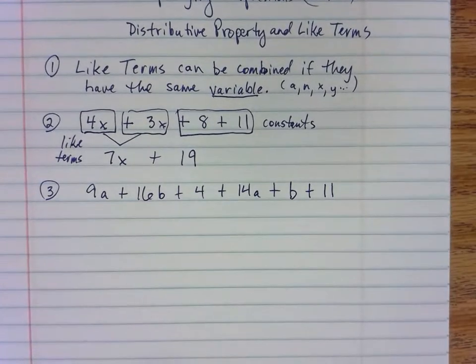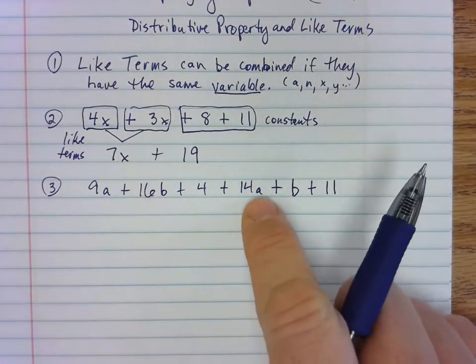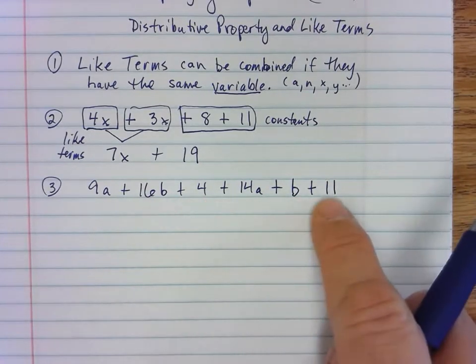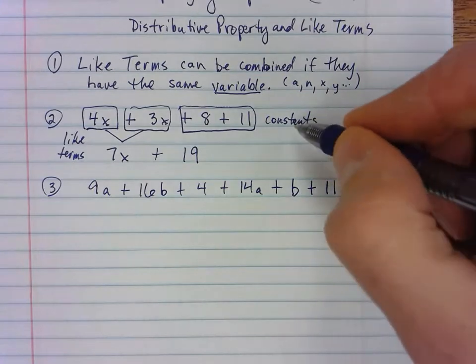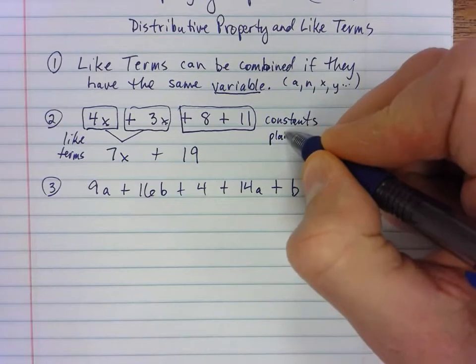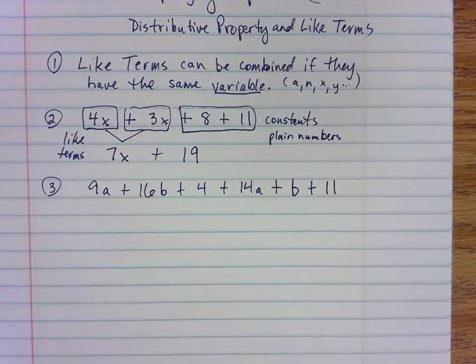Now in this one I've got a couple different variables. I've got some that are a, some that are b, and then of course a couple of constants. Again, those plain old numbers are called constants. So constants, if you want to write that down, are the plain numbers.